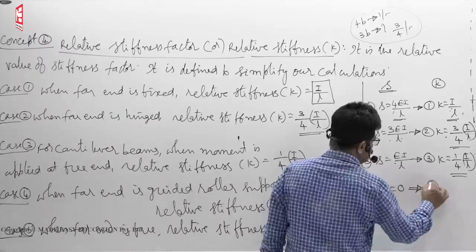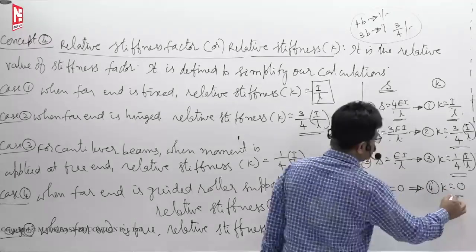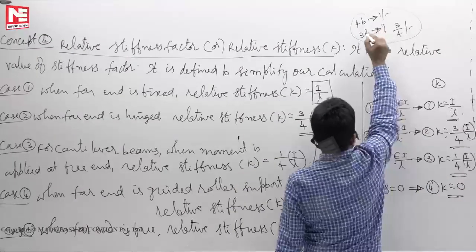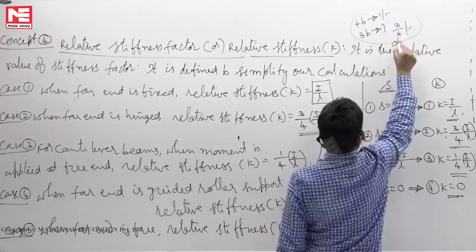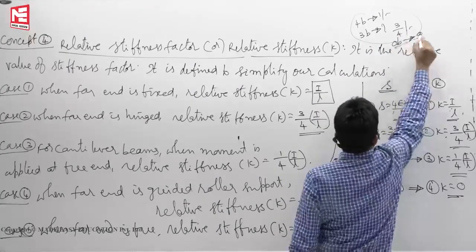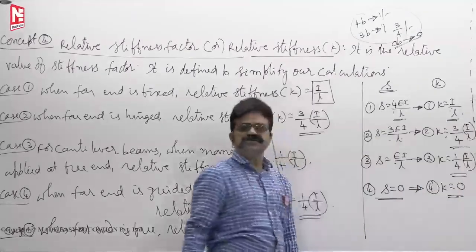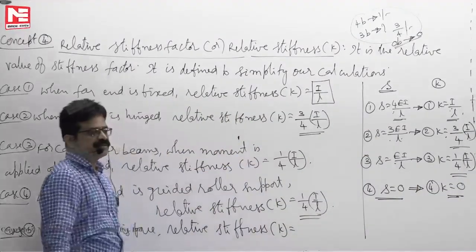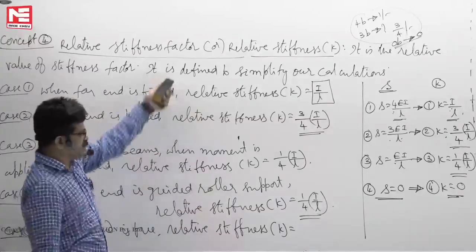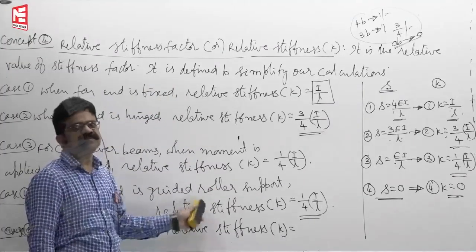Then what should be the relative stiffness? Also 0. If 4 biscuits 1 rupee, 3 biscuits 3 by 4 rupees, 0 biscuits how much? 0 rupees. So if the stiffness factor is 0, the relative value also must be 0. So just to simplify calculations, these relative stiffnesses are defined.